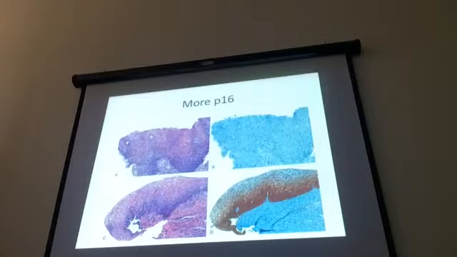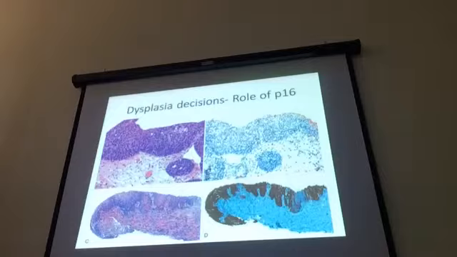So if your question is normal versus low-grade, don't do P16. Use your morphologic criteria. Maybe Ki67 could help you a little bit, not always, but you're going to have to make that distinction. But if your distinction is high grade versus repair, that's when P16 can be very useful for your differentiation.